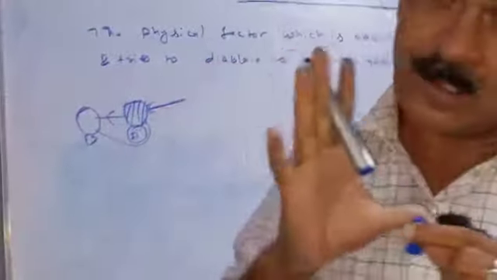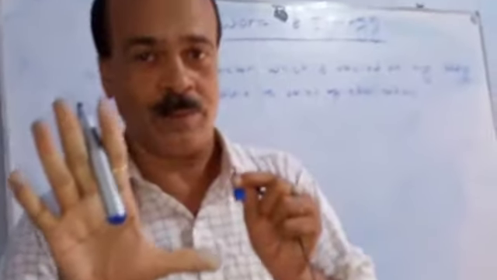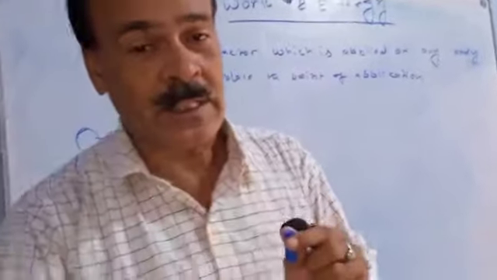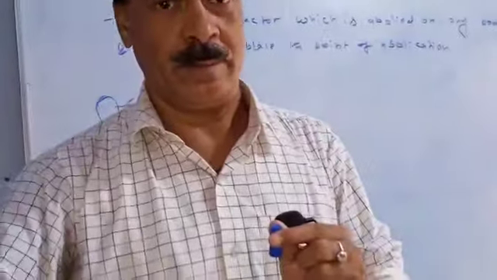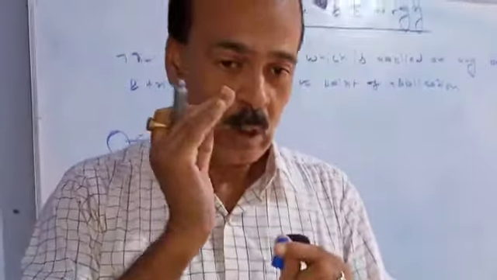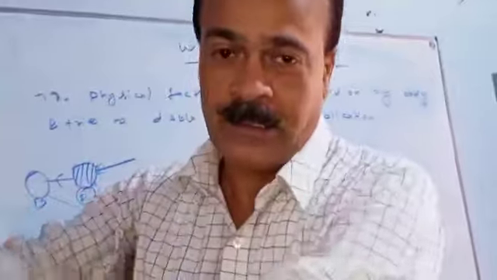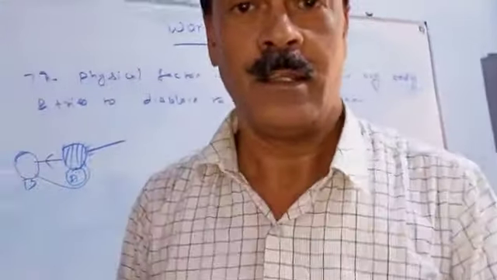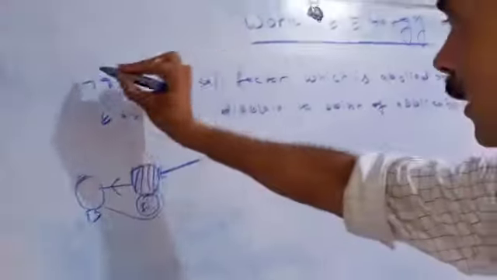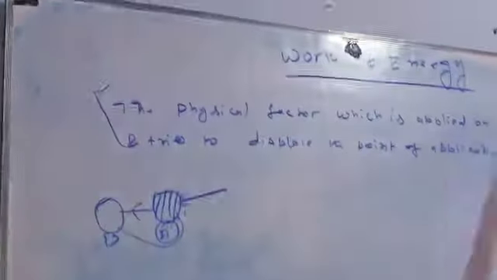Our intention in applying the force is to change the position of the body. So when the force is applied and the position of the body is changed, work is said to be done. That was the force factor.